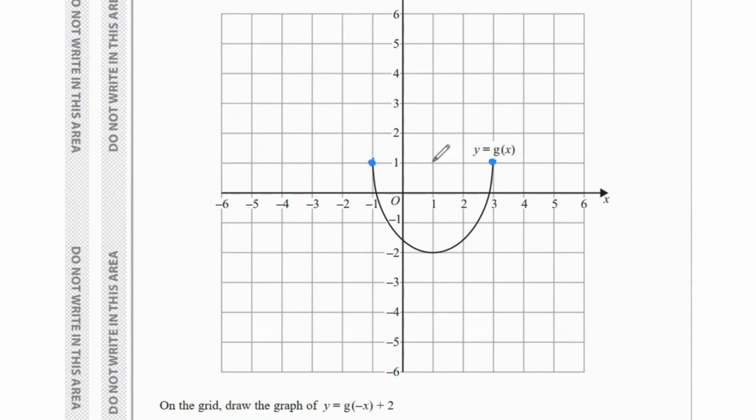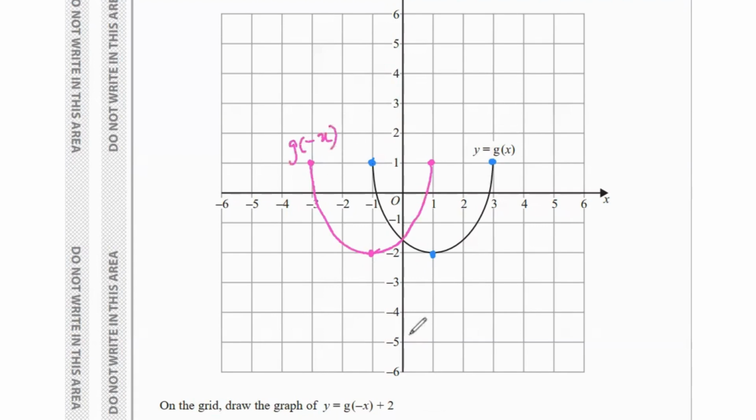So 3, 1 will become negative 3, 1, and negative 1, 1 will become positive 1, 1. And 1, negative 2 will become negative 1, 2. So let's plot these first. Okay, so if I draw the graph for this, this is g of negative x, just that.